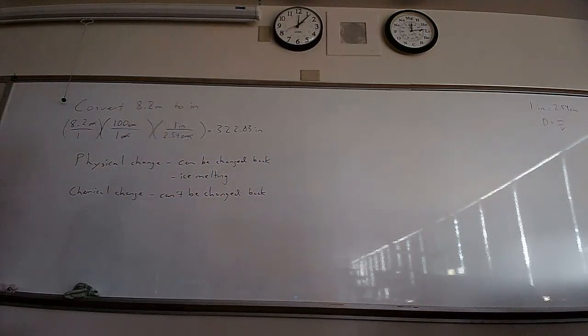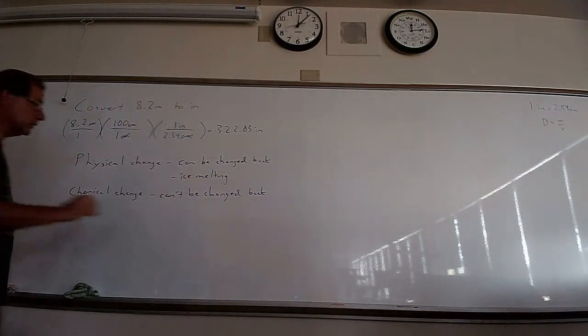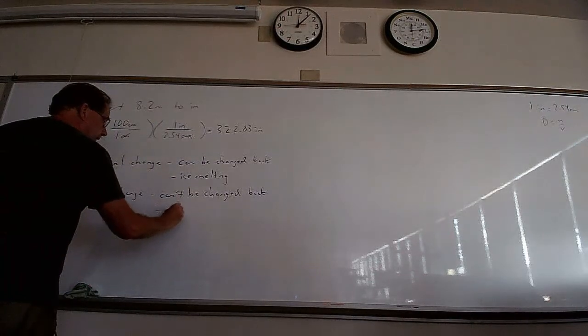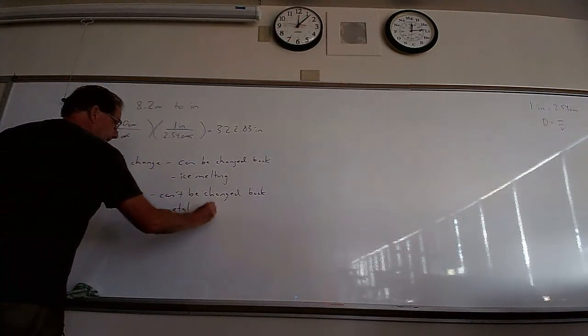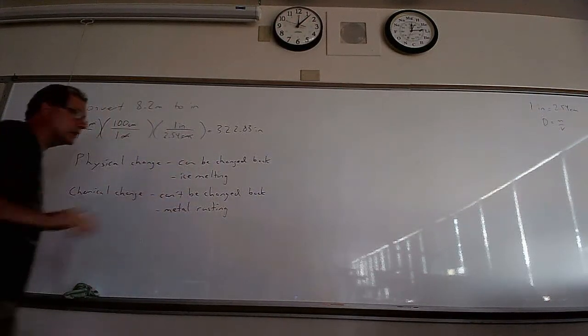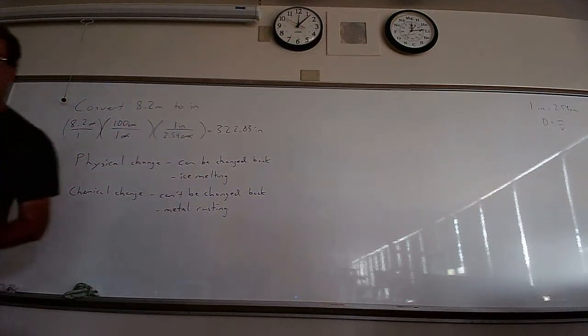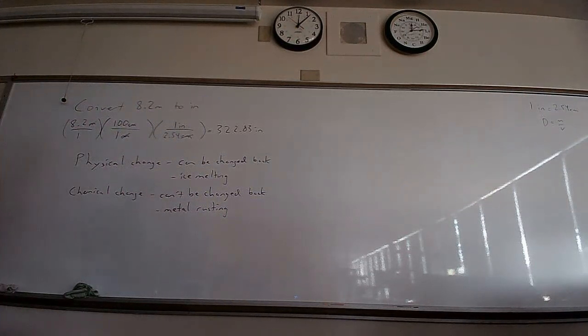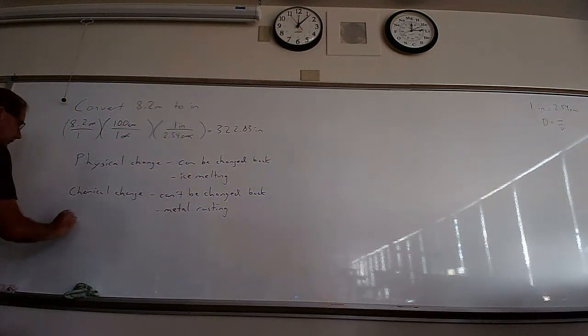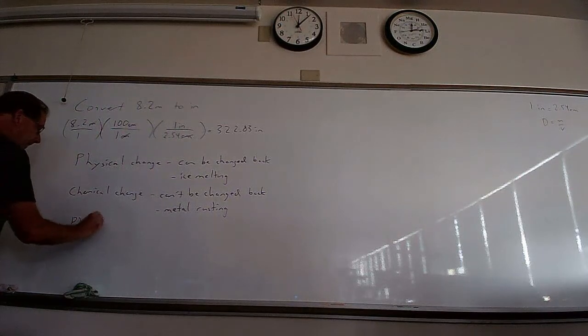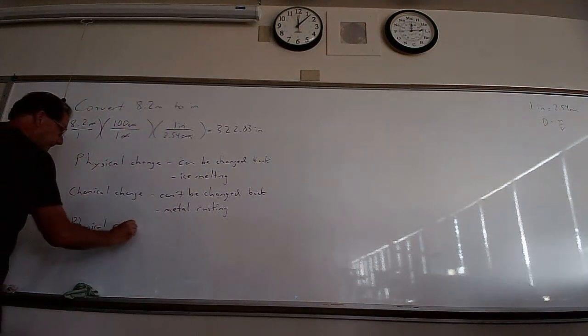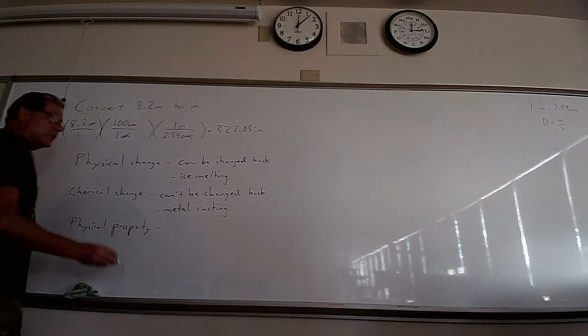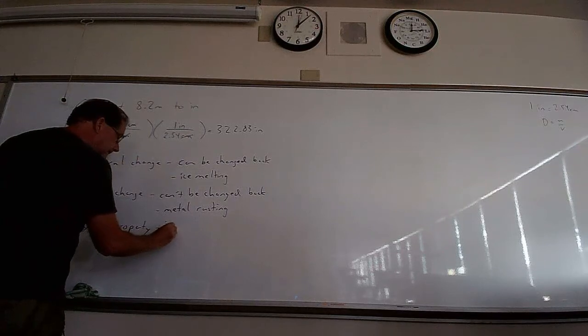The classic example that I've given you in the past is metal rusting. Then I wrote down physical property, chemical property. Let's say a physical property has to do with the substance itself.